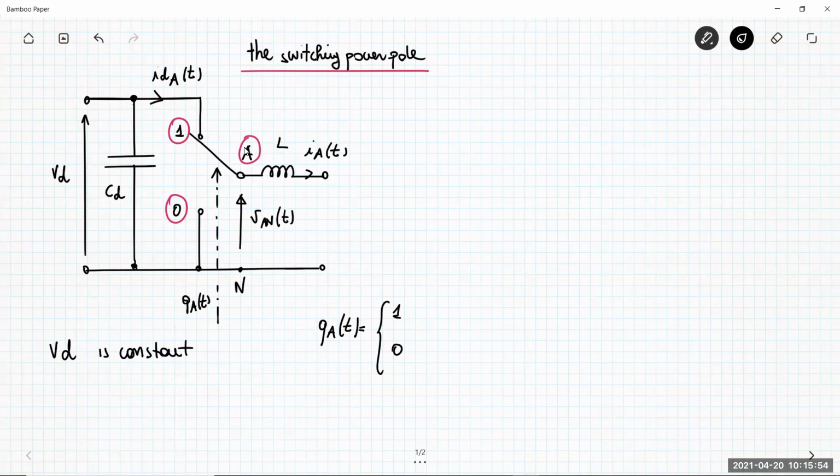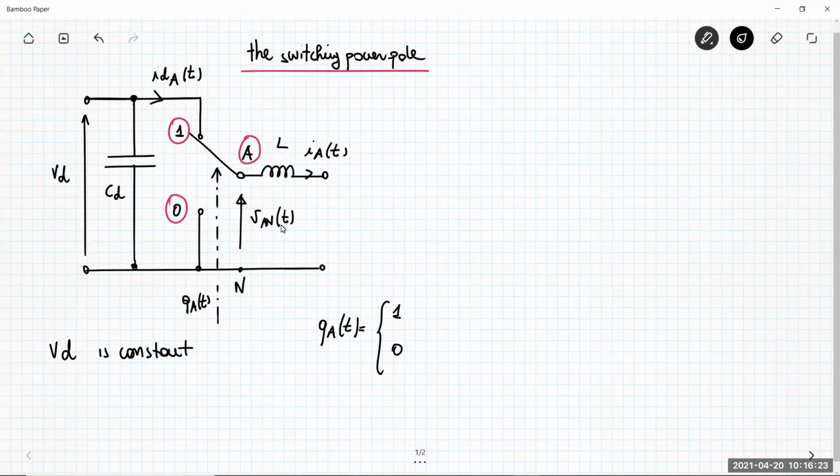The current IA is not exactly constant, but it has a very small ripple depending on the value of the inductance, so we can think of IA as generated by a current source.